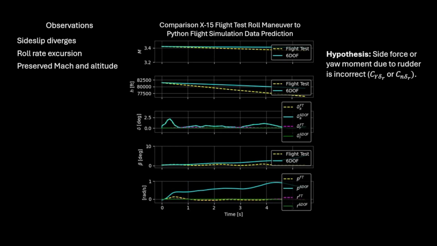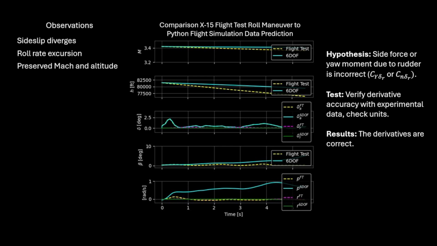To test this, we inspect the simulation and verify there are no unit errors. Also, we verify the value of the theoretical rudder derivatives, CY_r and CN_r, derived from the Walker 1960 report, to the experimentally derived rudder derivatives in Yancey's 1964 report. We find no issues and conclude that the rudder derivatives are not playing a role in the side-slip divergence.